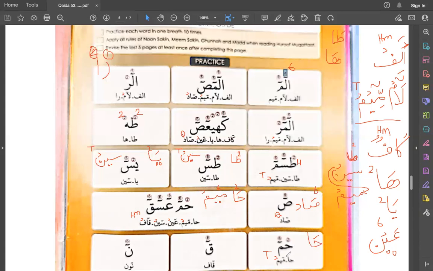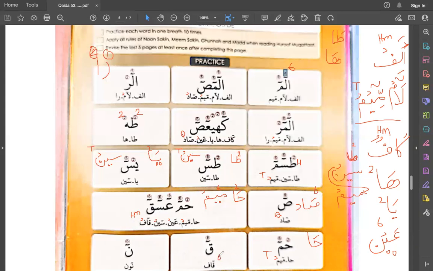Ha, 2 counts long. Meem. Then qaf, you will say qaf, 6 counts long, because there are 3 letters, and the last letter is sakin, and before the sakin harf there is a mad letter. So you are treating it just like mad arid lilsukoon, but here it will be 6 counts long.